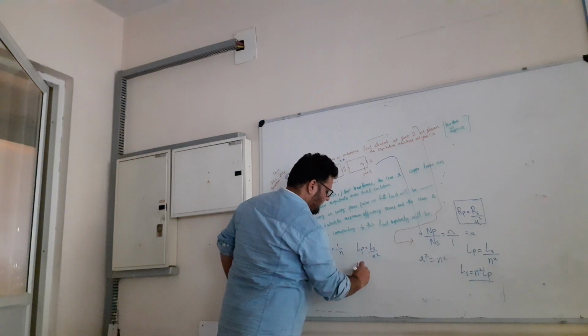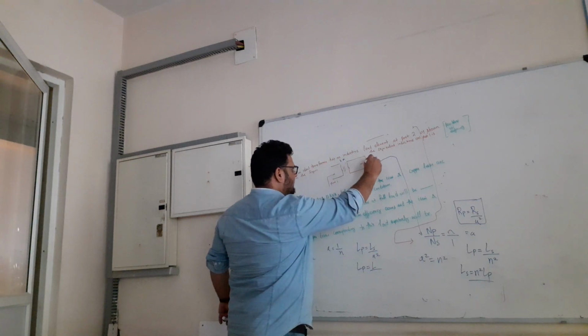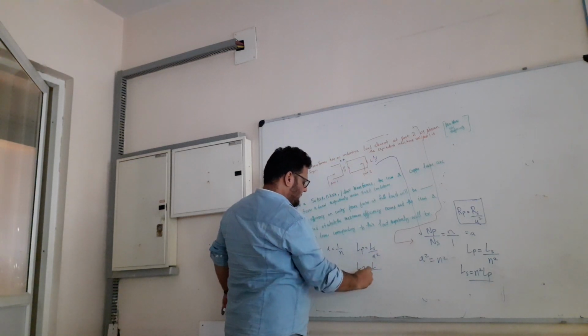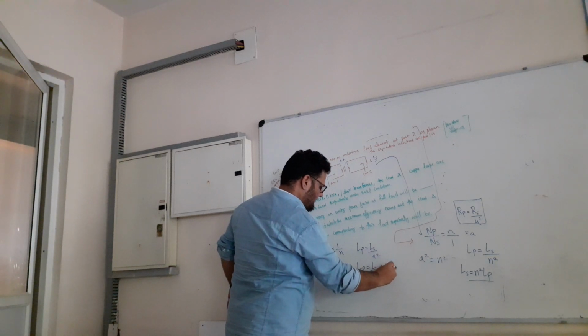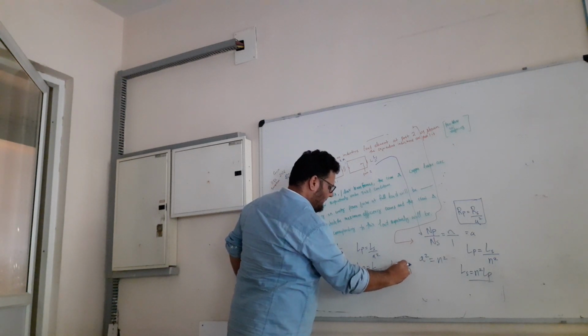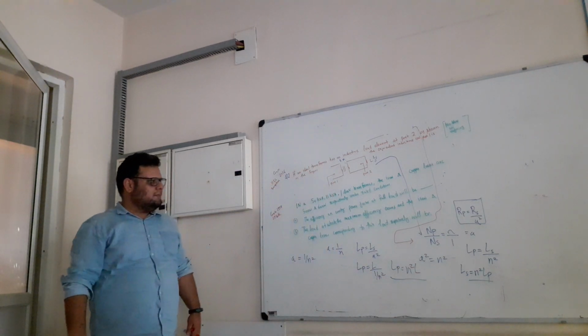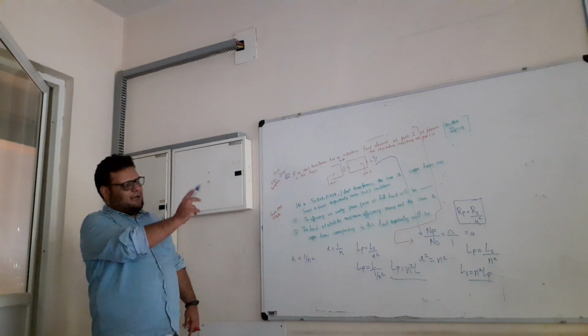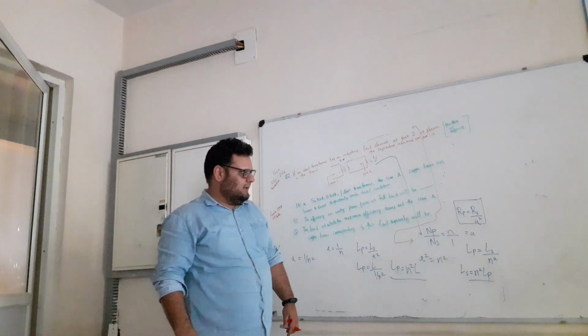LS would remain as it is, L, so the LS value is given as L. Your A square is now 1 by N square, so your LP becomes N square times L. So any which way you can do this problem, there is no problem. The only thing is that you have to remember RP is equal to RS by A square. That formula is very important.